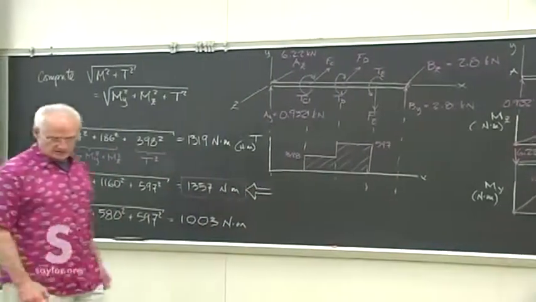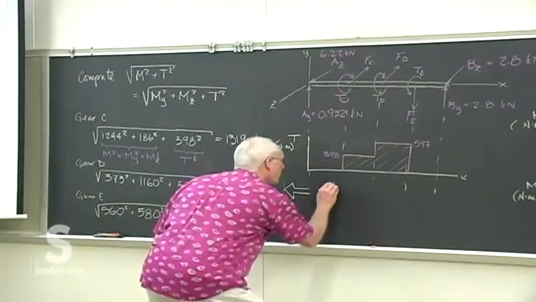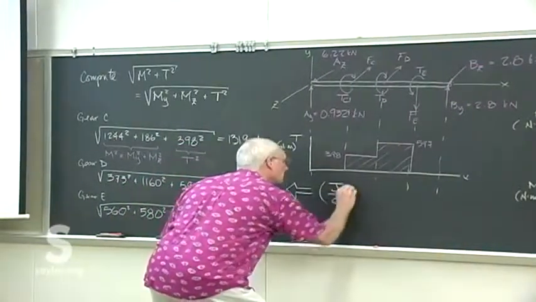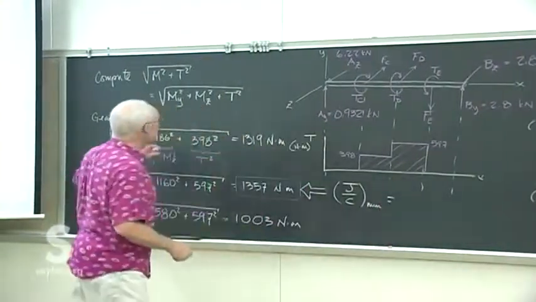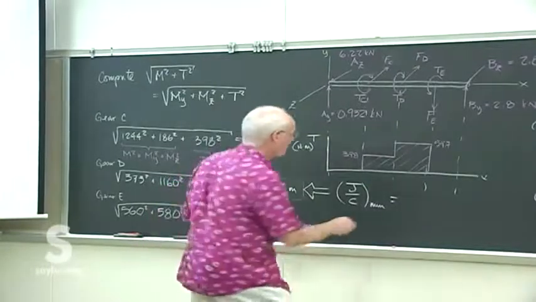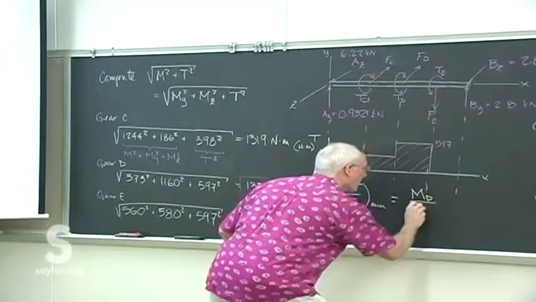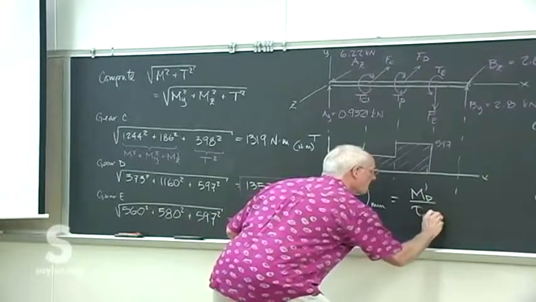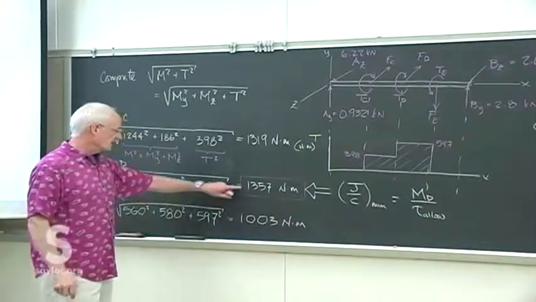We'll have the factor of safety on it, but it allows us now to figure out the minimum section modulus, J over C, using this value.